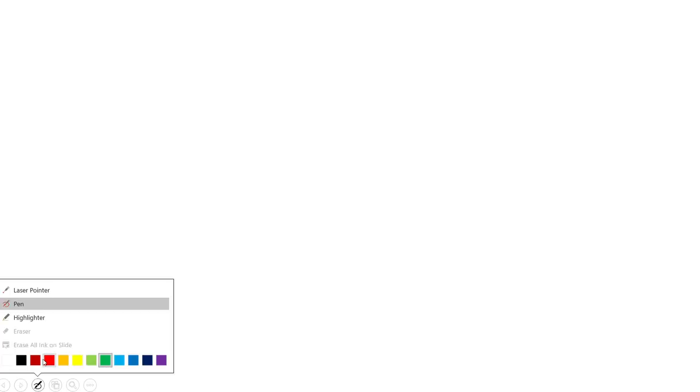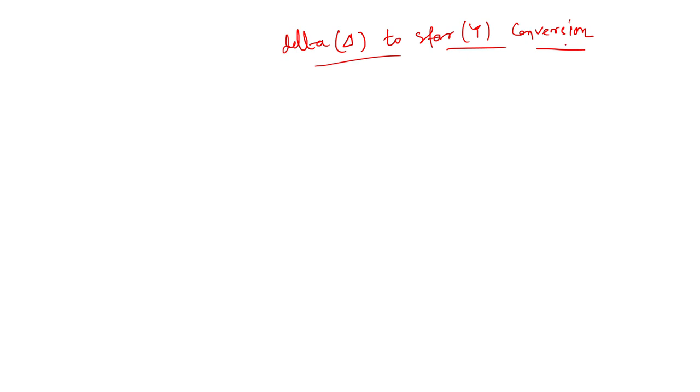Next is delta to star conversion. Example, suppose delta means a closed path.